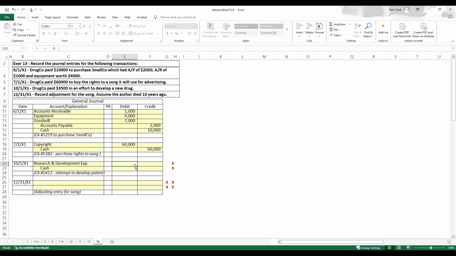So it's not yet fully a patent because it was not a successful attempt, I guess, if you want to think of it that way. So we just write off the cost because we didn't actually succeed in developing the new drug. It was in the effort of it.